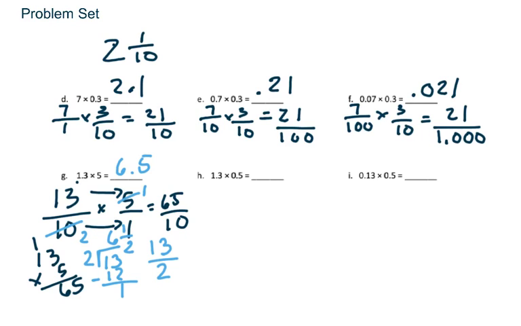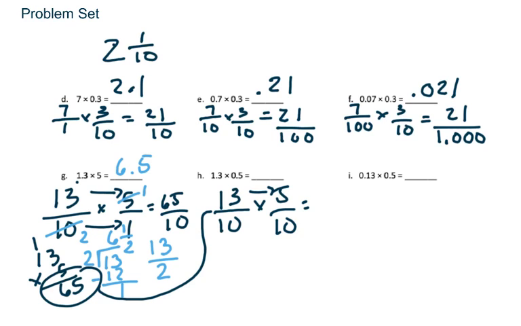Next we have 1 and 3/10, which is 13/10 times 5/10. So again, 13 times 5, I'm going to use this same number as 65, but now we have 65 over 100, which would make this 65 hundredths.